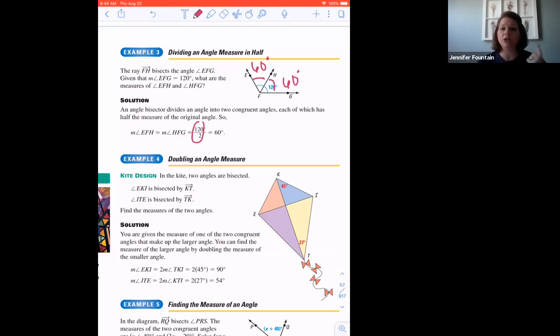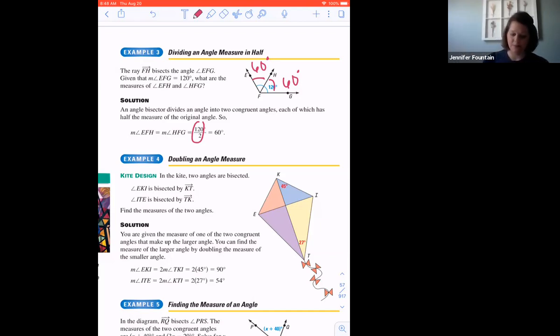By understanding my definitions, I'm able to apply that mathematically to figure out the measures of these angles. If the measure of angle EFH is equal to the measure of HFG, I would divide 120 by 2, so each of them is 60 degrees. Any questions on that?